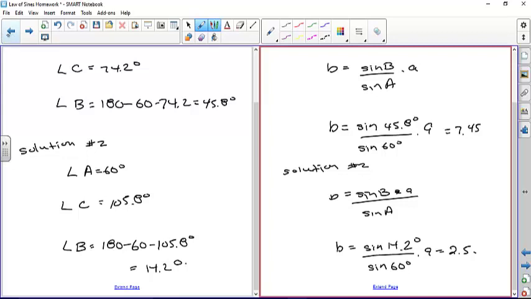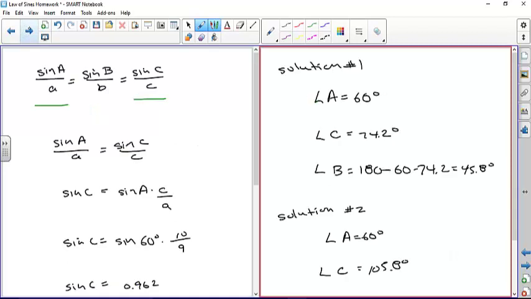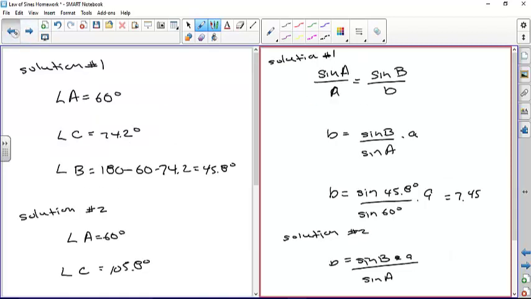So let's go back and look at these two solutions. So B is the side that's this side. You can see here with this solution, this length here is 7.45.